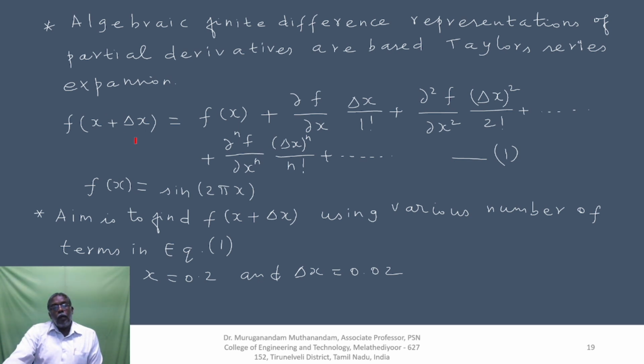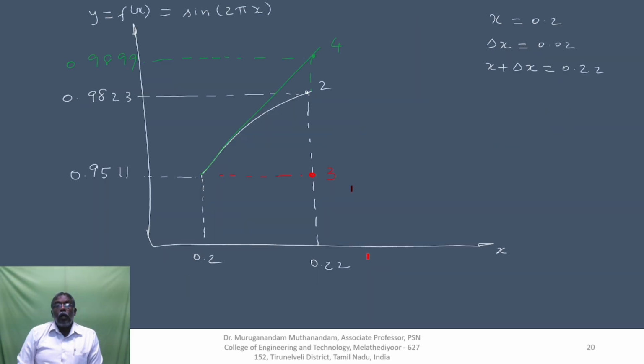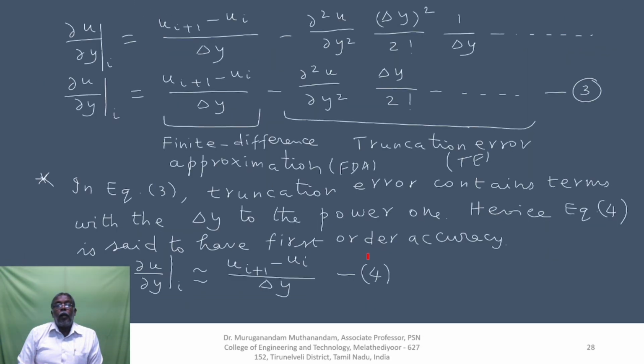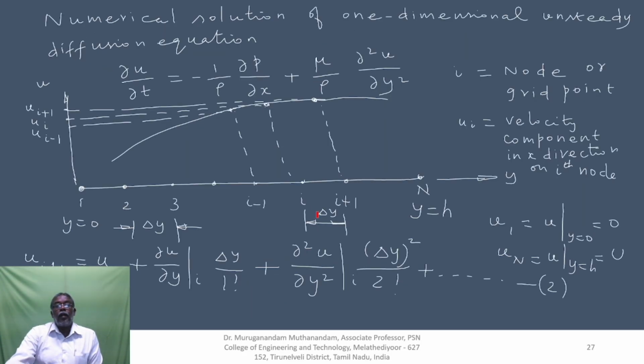Again, when you make it corresponding to the grid number, it is i plus 1. So wherever we have x, we use i, and wherever we have delta x, we use the value of i plus 1 minus i minus 1, that is delta y. What is the difference between i plus 1 and i minus 1? Delta y.